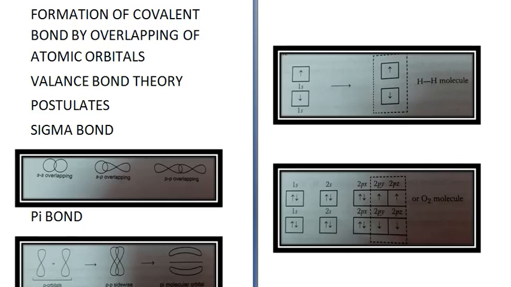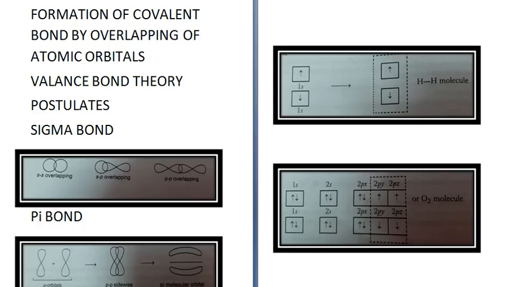The postulates of valence bond theory: first, every atom has a tendency to pair its unpaired electrons with oppositely spinned electrons of other atoms. Second, half-filled atomic orbitals of two atoms with opposite spin properly align themselves and proceed to overlap.